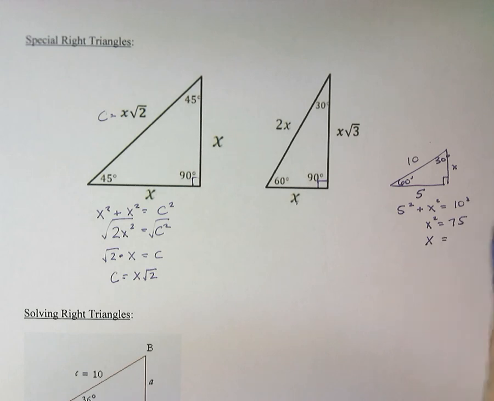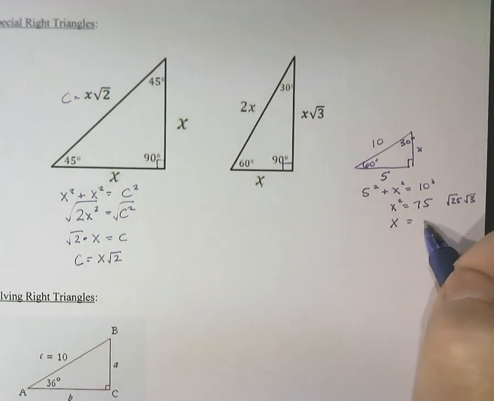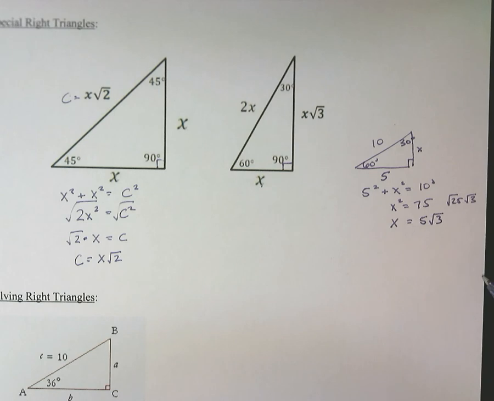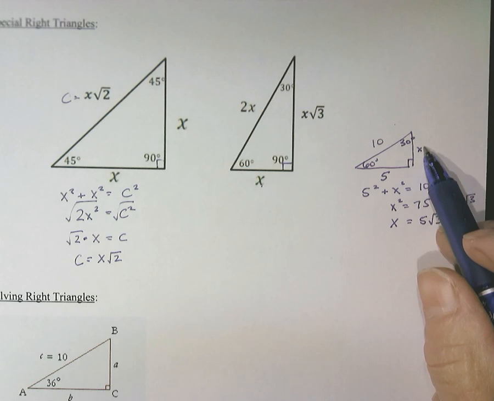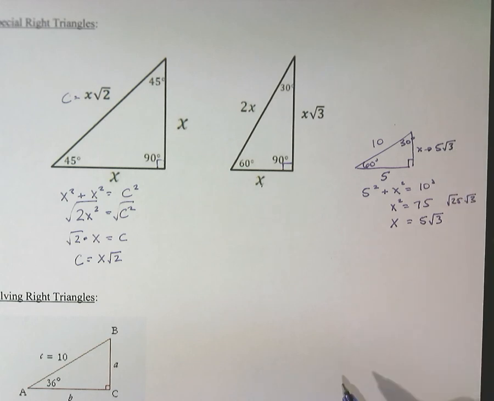So x is going to equal the square root of 75, which is the square root of 25 times the square root of 3. So this is 5 square roots of 3. So this side here is going to be the square root of 3 times 5, and it's usually written 5 square roots of 3.